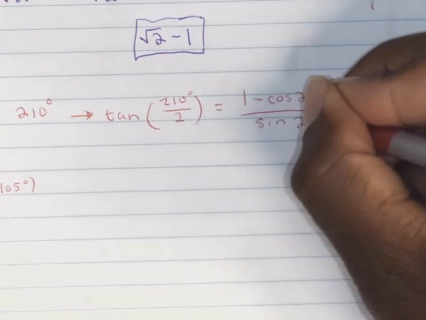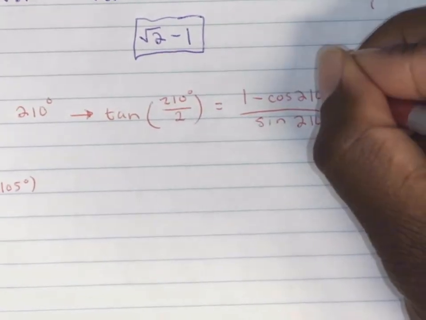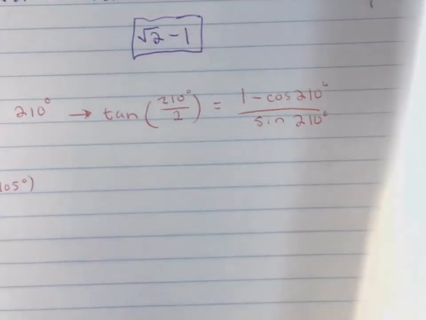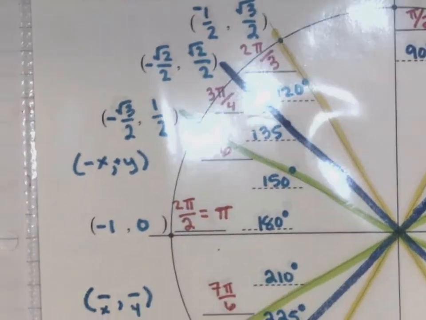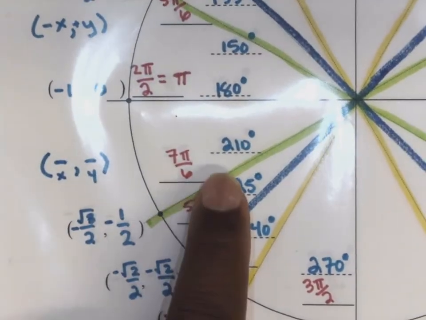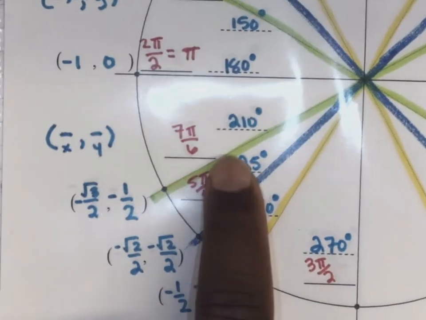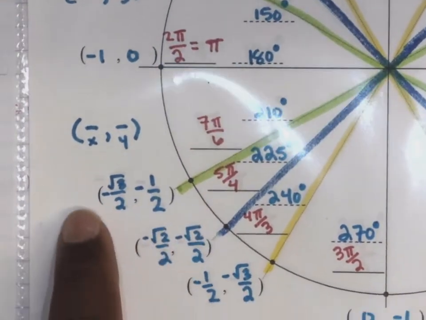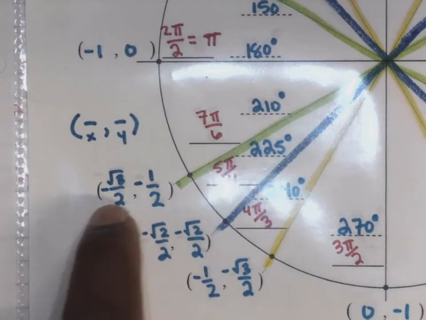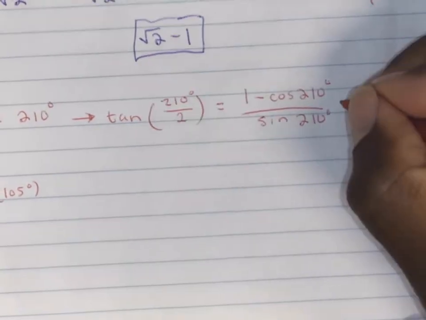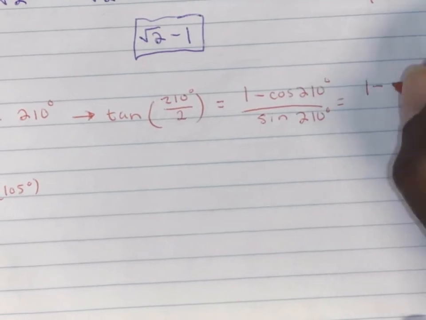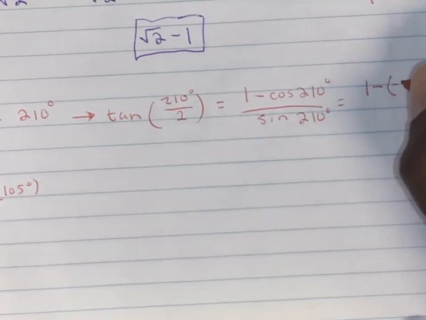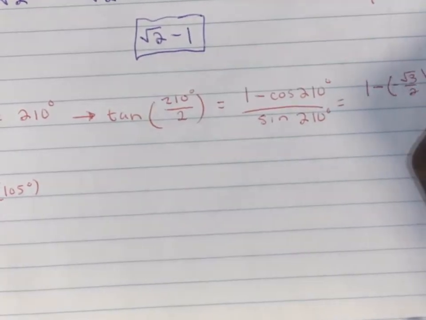So like I said, 210 is a 30, so cosine should be root 3 over 2, sine should be 1 over 2. So 210 is here, cosine is negative root 3 over 2, sine is negative 1/2. So 1 minus negative root 3 over 2 divided by negative 1/2.